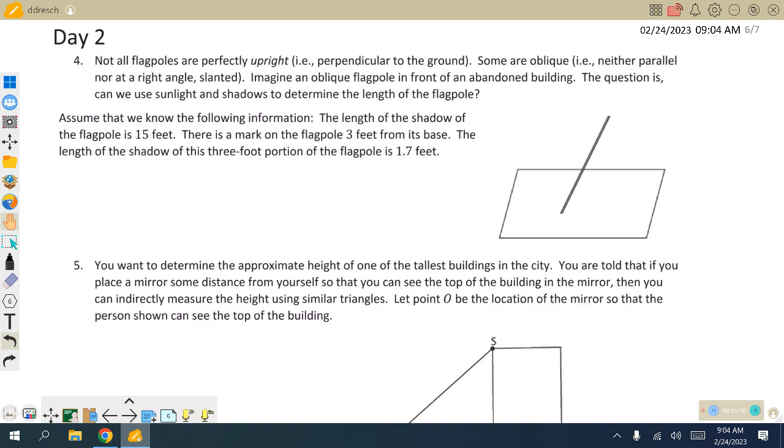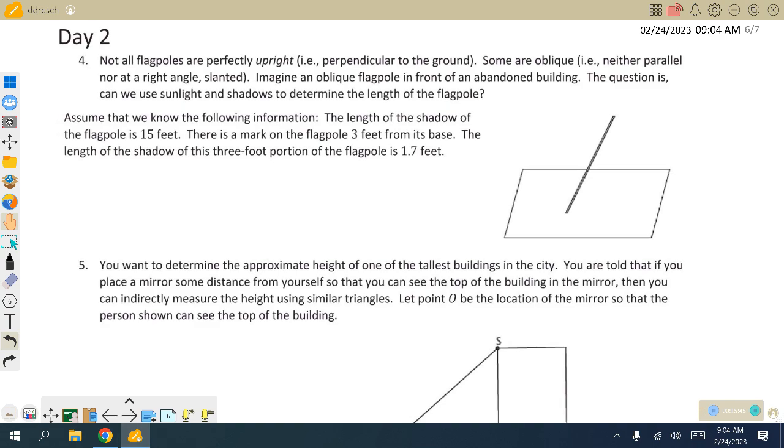So imagine an oblique flagpole in front of an abandoned building. The question is, can we use sunlight and shadows to determine the length of the flagpole? Assume we know the following information. The length of the shadow of the flagpole is 15 feet. Shadows occur along the ground, so we got our ground as that parallelogram there.